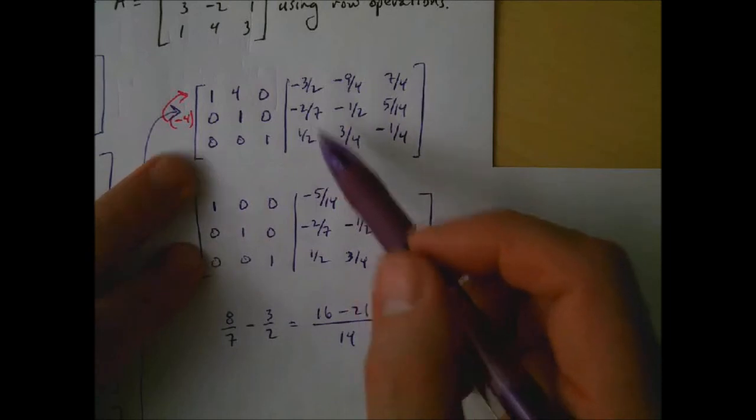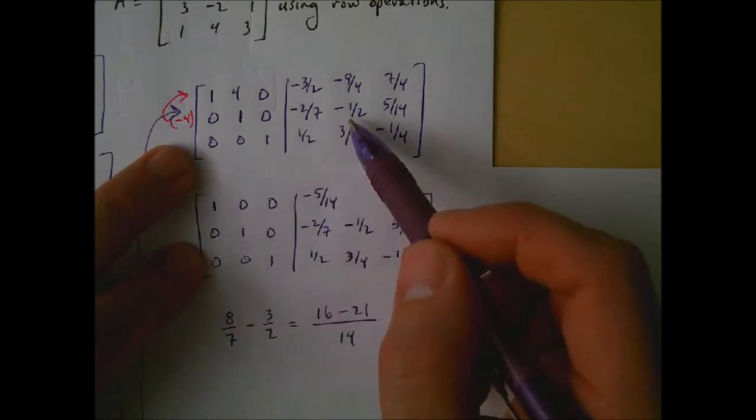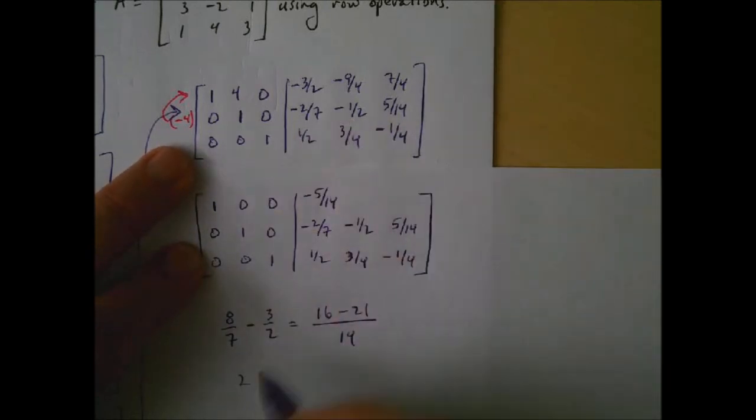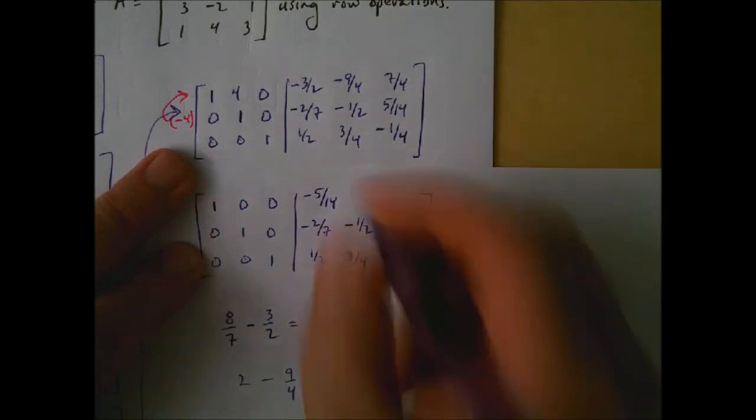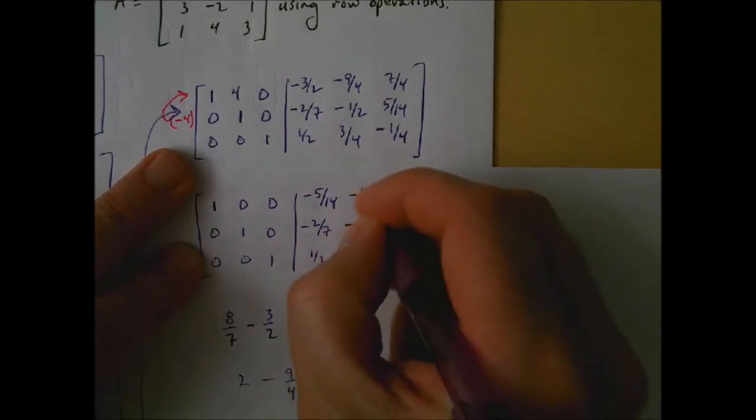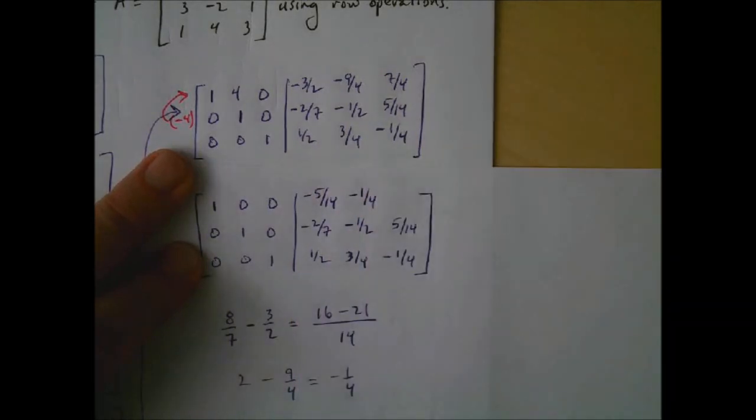Okay, and -4 times -1/2 is +2. -9/4, well, that's not hard. 8/4 minus 9/4 is -1/4. Probably didn't need any scratch work for that one.